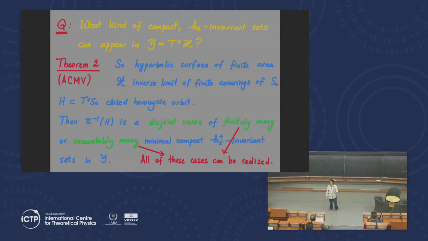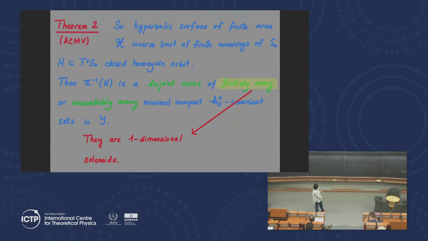So if you want a horocycle orbit on S naught that lifts to the disjoint union of 8 minimal sets, I can give you 8, okay? And when you have finitely many minimal sets on top of a single orbit, all these sets are going to be one-dimensional solenoids. So they're going to be one-dimensional indecomposable continua, okay?